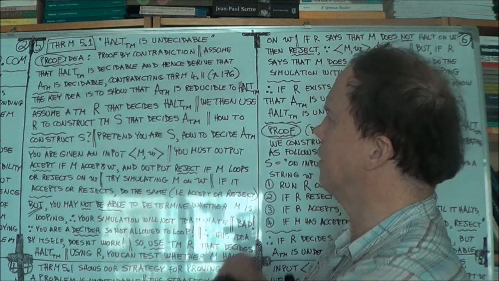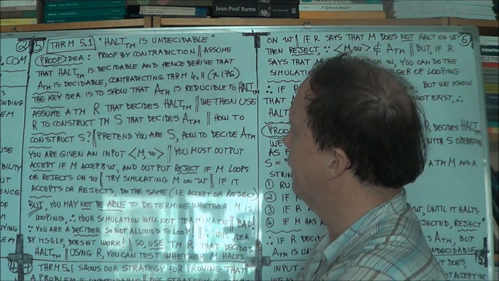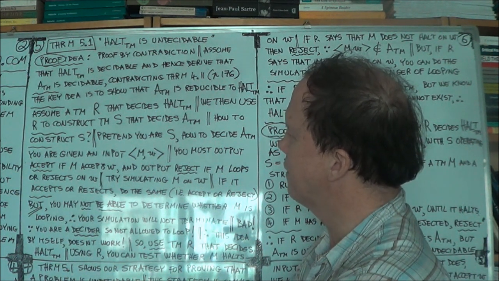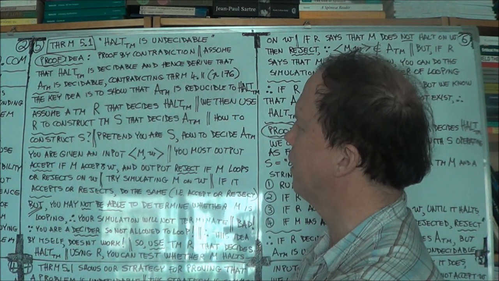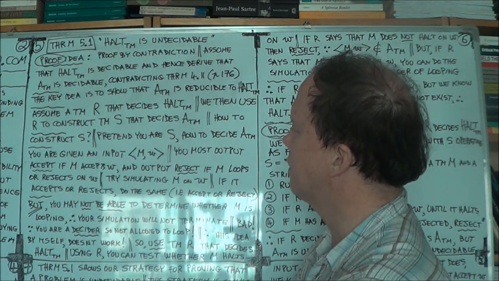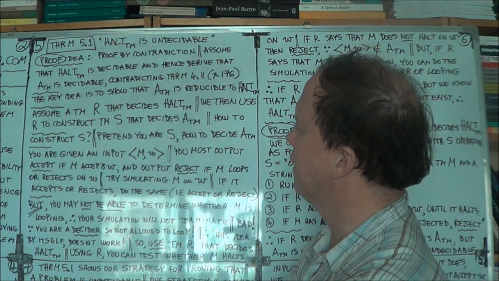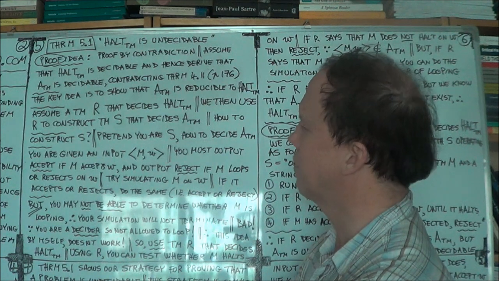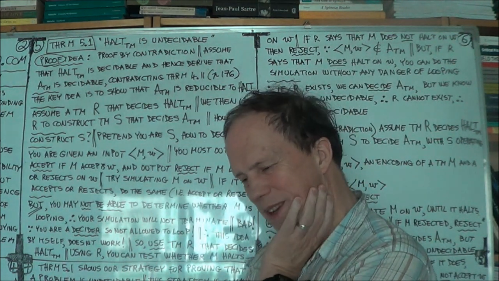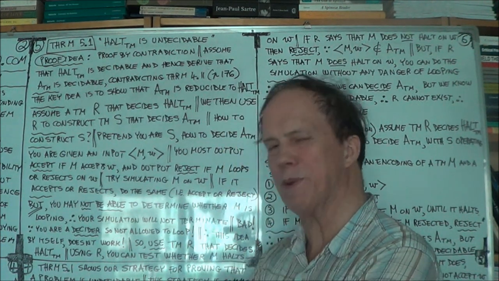Now let me see, thinking real time here. R and S, I guess there's some kind of reducing going on there, right? So I suppose you're saying that S reduces to R, or was it the other way around? See, that's why I get frustrated with Sipser. There's too much between the lines.